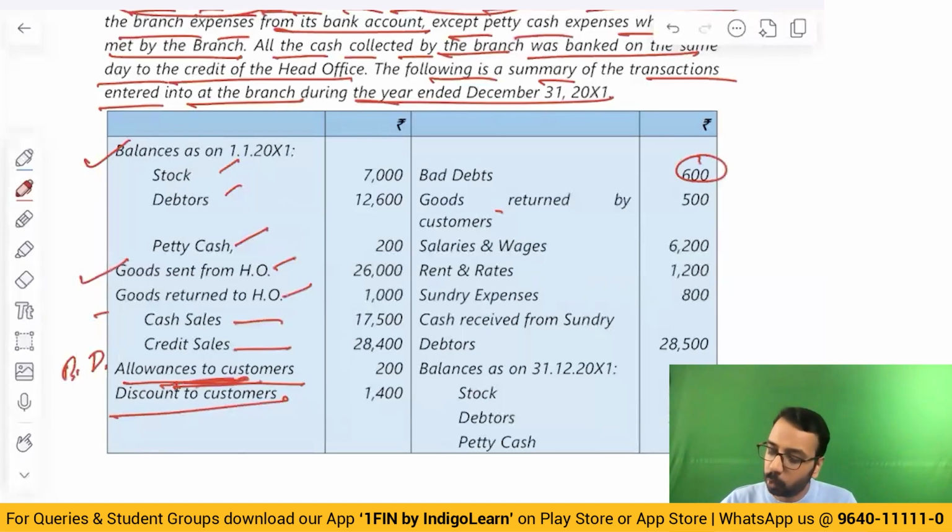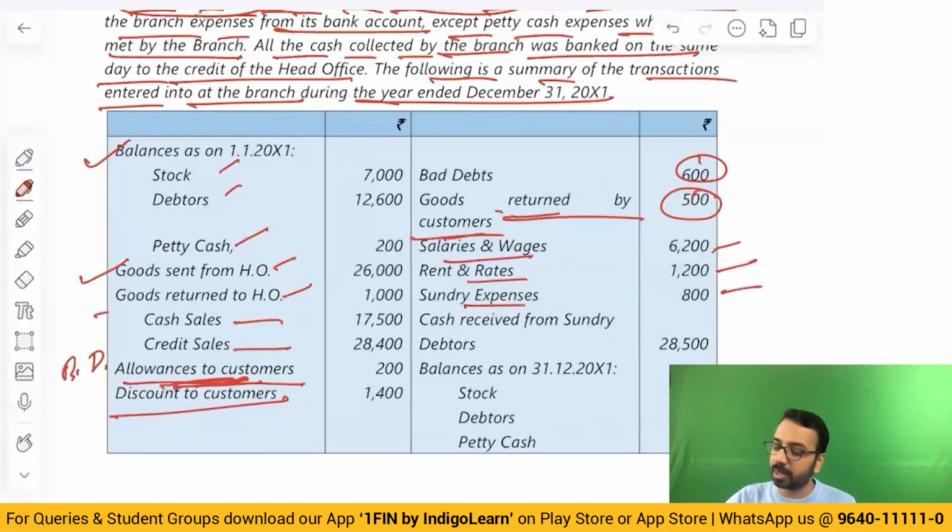Goods returned by customer 500. Now please understand, if goods are returned by the customer, in the debtors method we are not bothered. Only in the stock and debtors method we are bothered. Salary and wages 6,200, rent and rates 1,200, sundry expenses 800, cash received from customers 28,500.